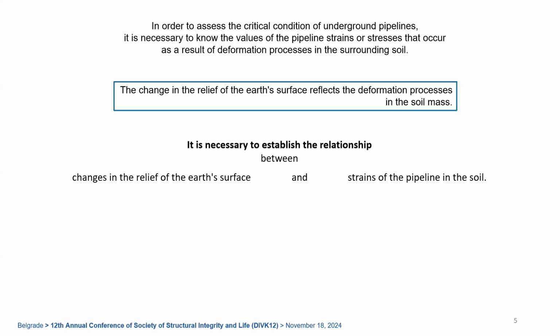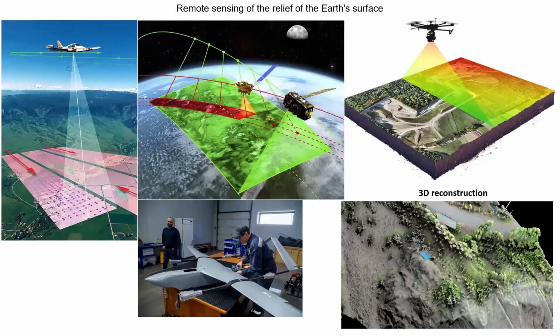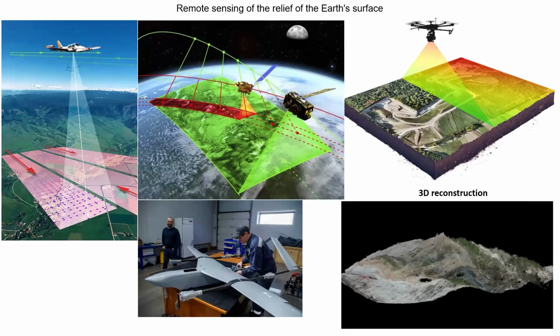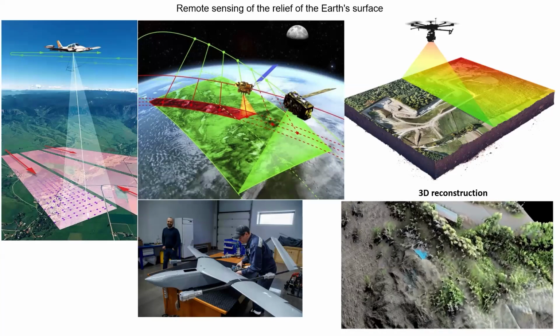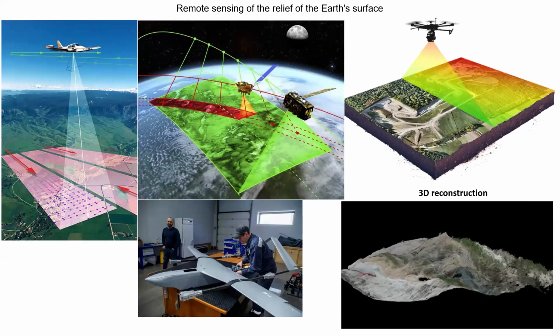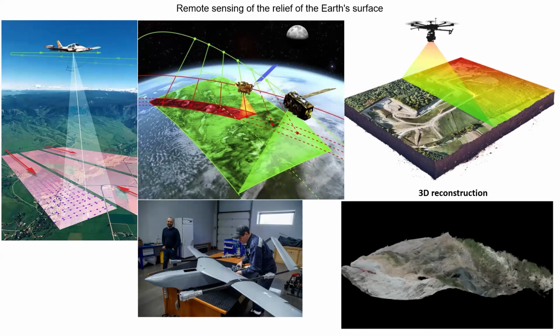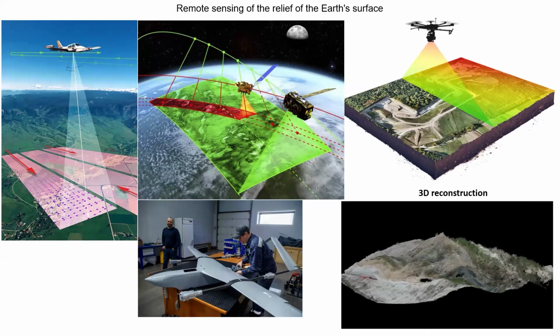The change in the relief of Earth's surface reflects the deformation processes in the soil mass. So it is necessary to establish the relationship between changes in the relief of Earth's surface and strength of pipelines in the soil. There are many options for remote sensing of relief of the Earth's surface by aerial and space vehicles and unmanned aerial vehicles.